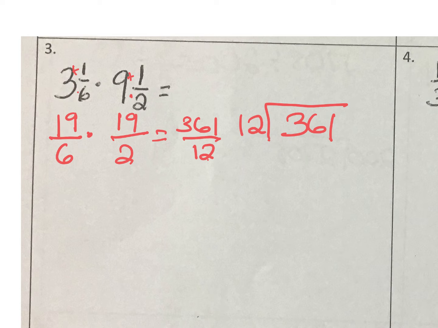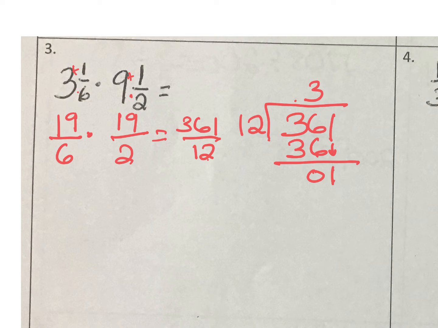Now, does 12 go into 3? Nope. What about 12 going into 36? 12 does go into 36 3 times. So I put the 3 there. 3 times 12 is 36. Wonderful. Now, I have to pull my 1 down, and I ask myself, how many times does 12 go into 1?